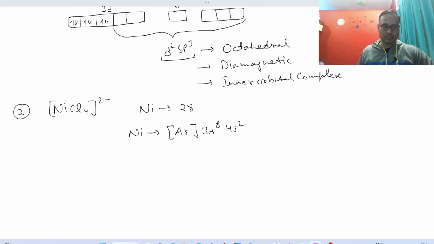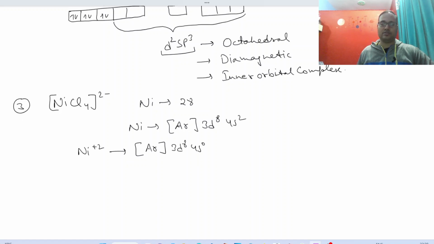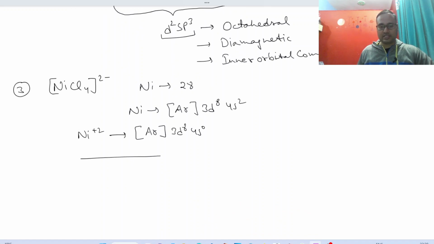Okay, now oxidation state of nickel is +2. So for nickel +2 we can write down argon 3d8 4s0. Okay, and represent it like this. We have 3d orbital, 1 2 3 4 5 6 7 8.